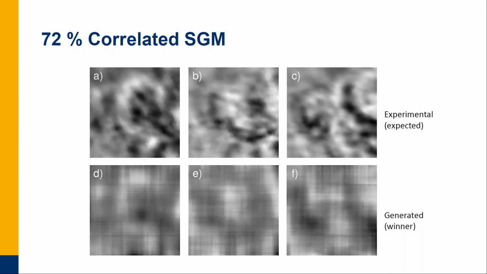This is the experimental SGM signal, and this is the one produced by the evolutionary search. We can get to 72% correlation. If you let the algorithm run longer, maybe we would obtain a higher correlation. But 70% is good, and since it takes one year, it makes sense.